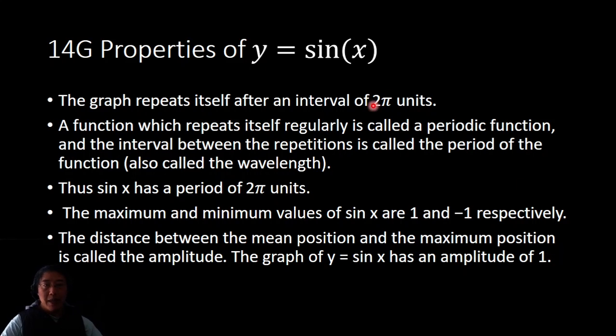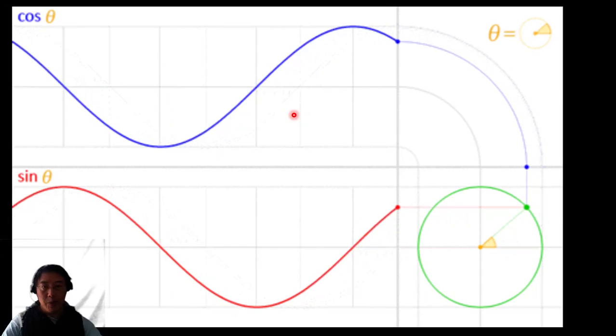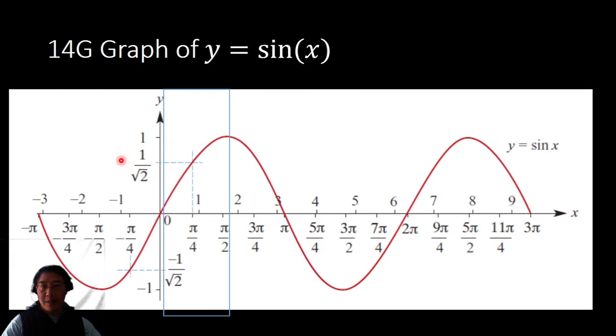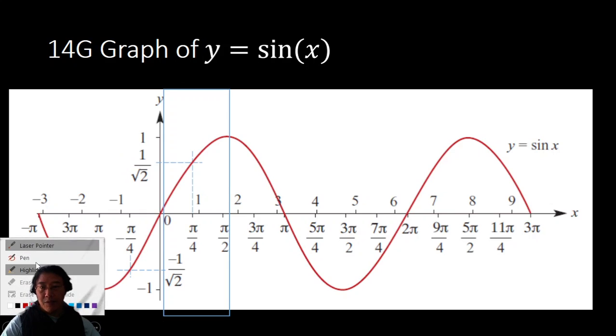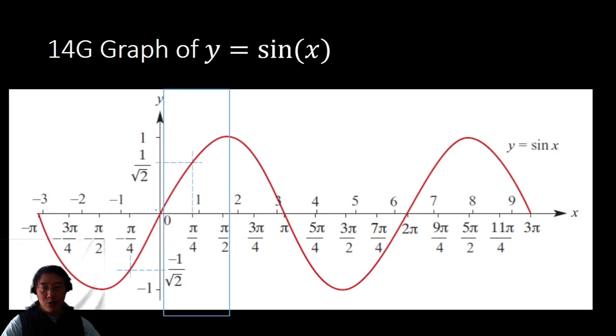All right, let's go back to the period. If you take any point on the curve, let's say I take the maximum. You can see there's another maximum there. Well, that distance between the two is 2 pi.